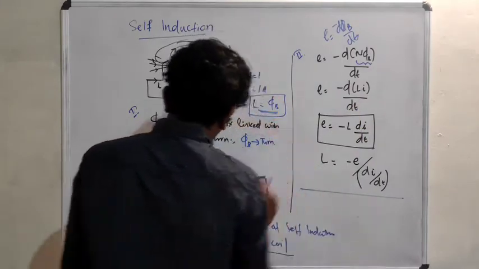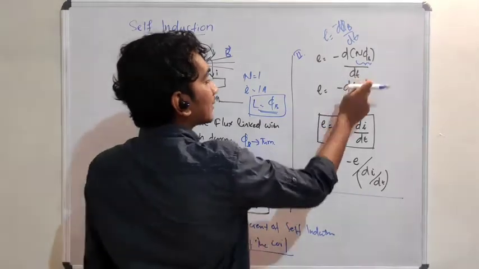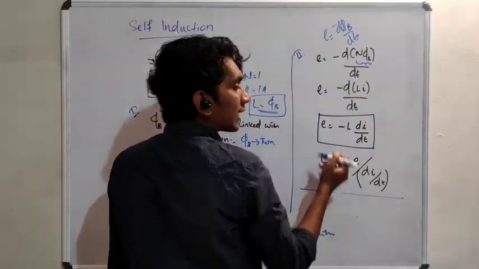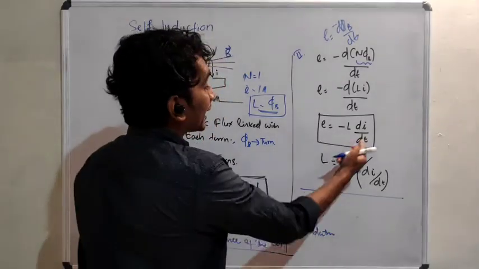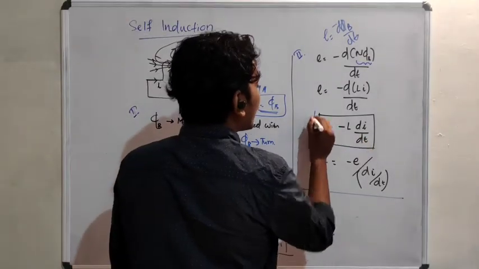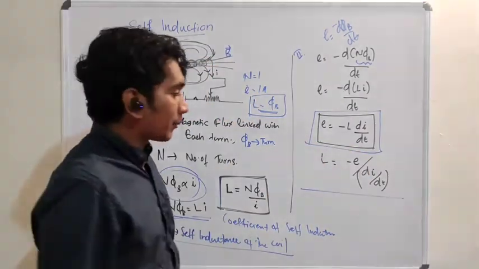What is N phi b? This is L I. So we can apply the value L I here. Take L outside because it is a property of the coil and it is a constant. So E is equal to minus L into dI by dt. This is a very important equation.